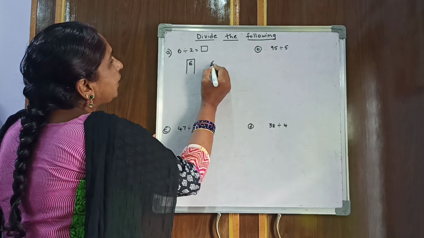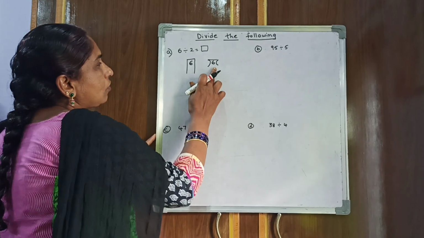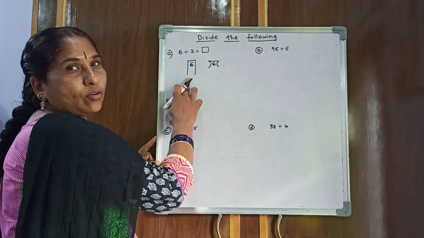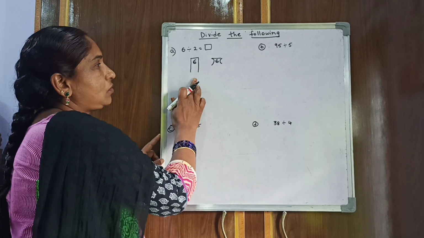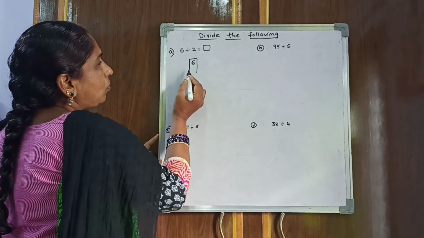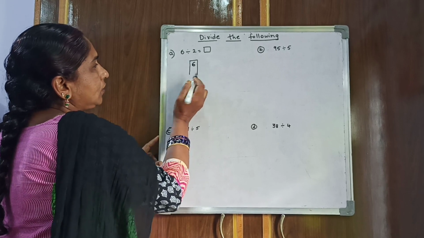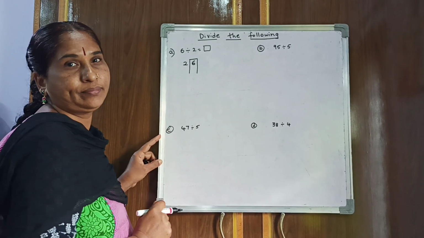Some will write 6 and keep the arrow marks like this. Instead of writing like this, you have check ruled books for maths classwork, so you can write like this also. Write 6 in one box, then draw the lines, and then you have to divide by 2.